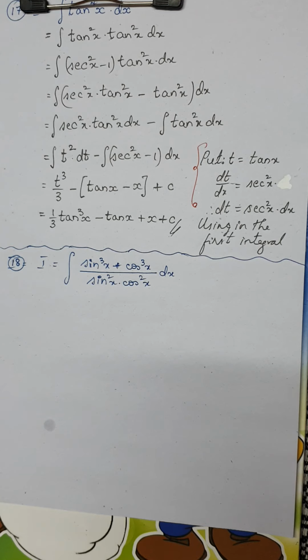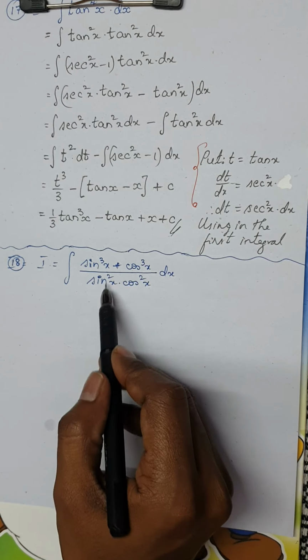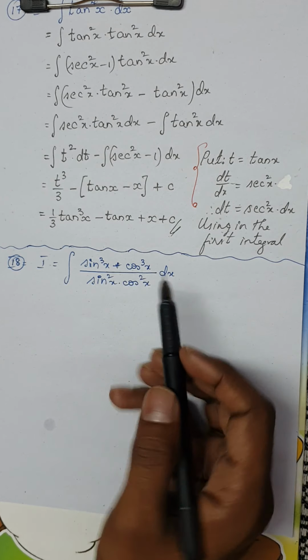So the first integral we have today is the integral of (sin cube x plus cos cube x) divided by (sin square x into cos square x).